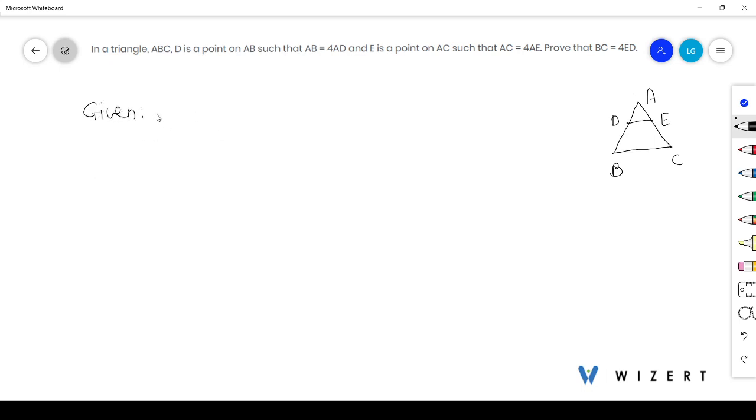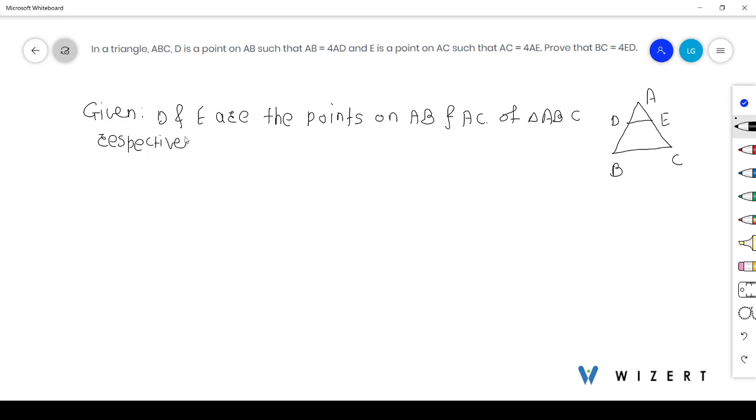Given: D and E are the points on the sides AB and AC of triangle ABC respectively. Now join DE.